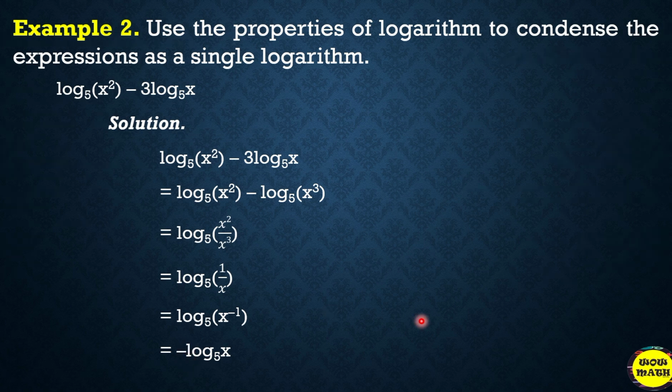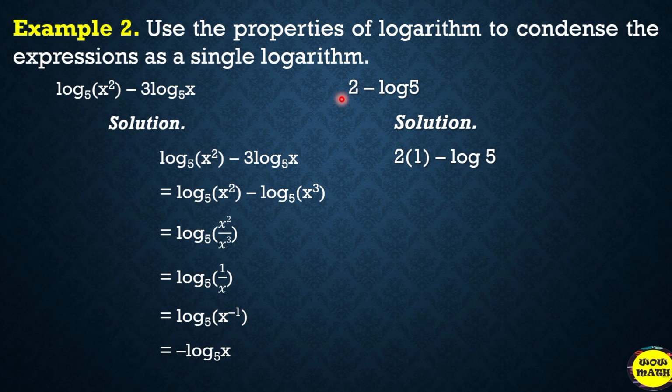Okay? Next, how about 2 minus log of 5? So, paano natin isulat yan as single logarithm? So, una muna, isip muna tayo ng mag-equal sa 2. Okay? So, kailangan mag-isip tayo ng expression na mag-equal sa 2.